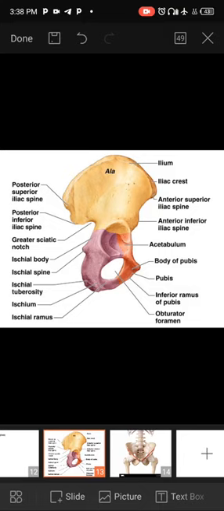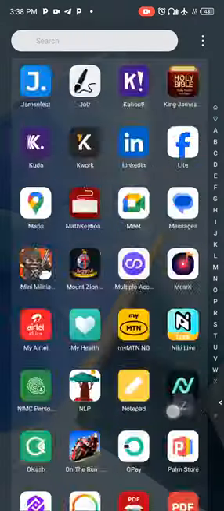I will just give you some few points, and basically talk about the structures that you can find on the ischium and things that are connected to those structures. Number one, we have the ischial spine. Let me get the pen so I can point when I need to.